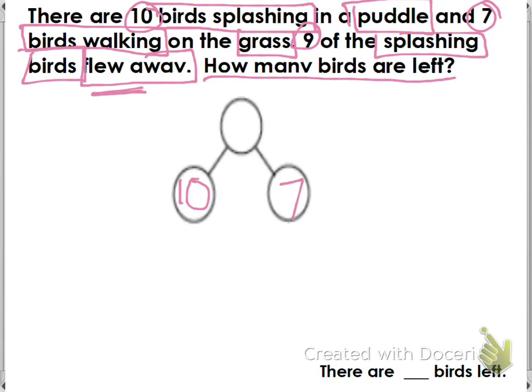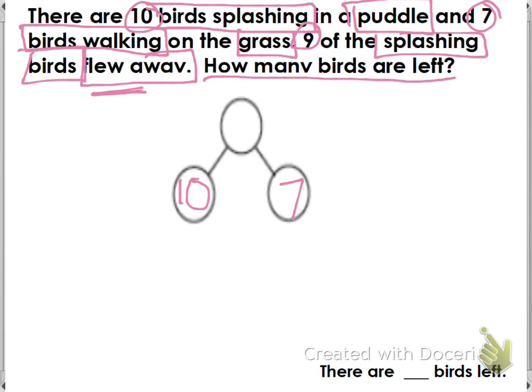Now, we know that 10 and 7 are our parts because it tells us that 10 are splashing in the puddle and 7 birds are walking on the grass. It gives us 3 numbers here because that number 9 told us how many flew away. So we're going to be using that number to take away, to subtract in just a moment. But that 9 is not one of our parts, at least not for our number bond.